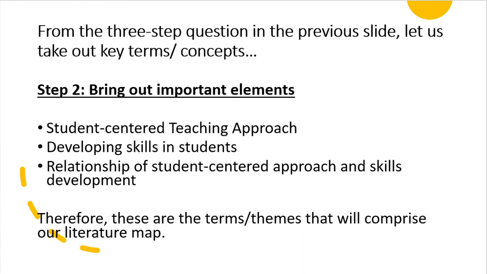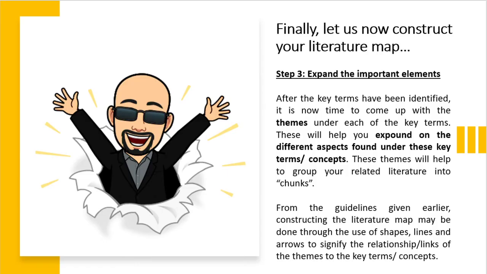So, from the key elements, once we have identified these key elements, we now proceed to the construction of the actual literature map, which is step 3, the expansion of the concepts through the use of lines, shapes, arrows, and concepts or sub-concepts that are found underneath those key elements.